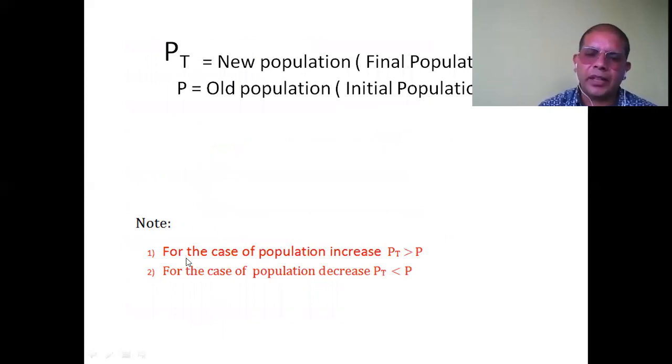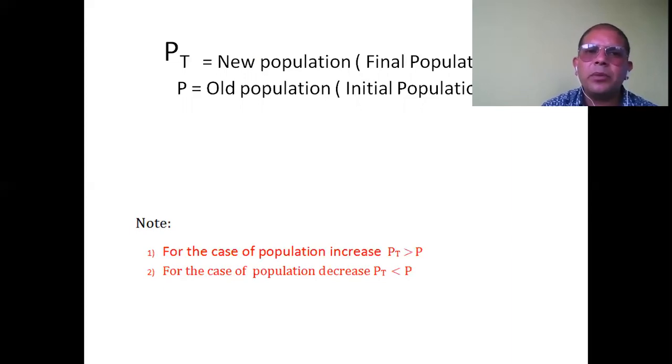Again, try to remember, PT is the new population, the final population, and P is the old or initial population. If two years are given, suppose 2074 and 2072, the population of 2074 is PT and the population of 2072 is P. If in the same question 2076 is also given, then you should compare 2074 and 2076.